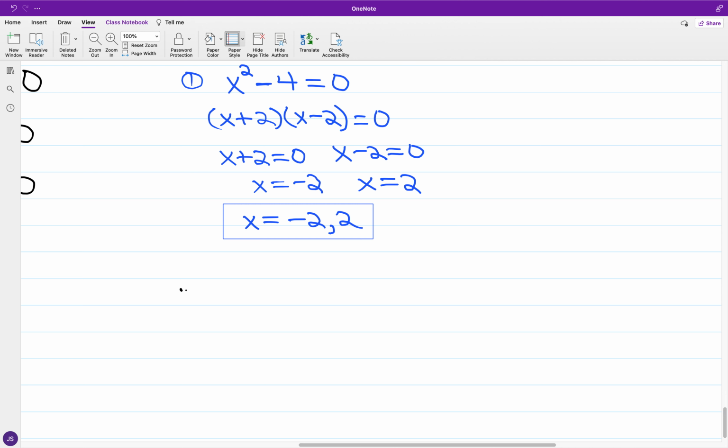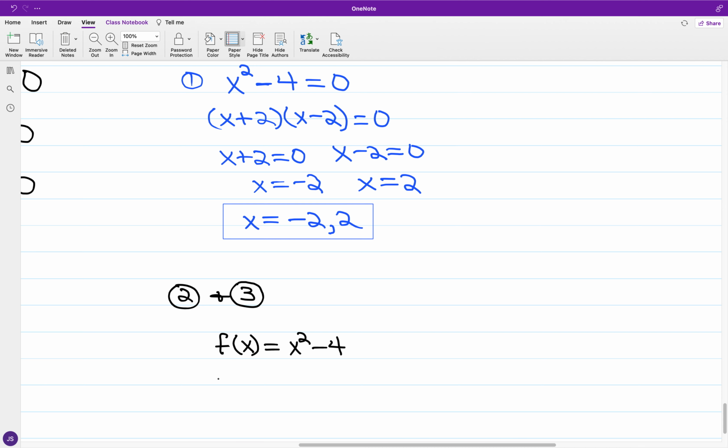Now for the setup in the case of number 2 and number 3, we have our function f of x is equal to x squared minus 4.